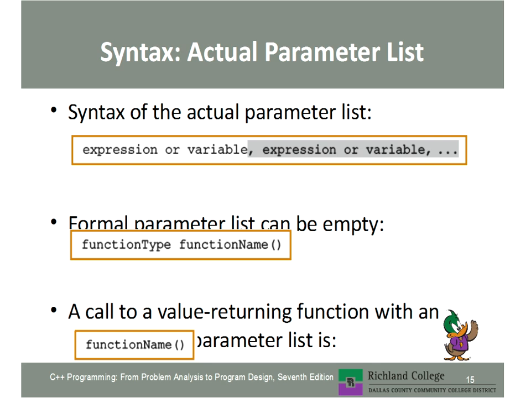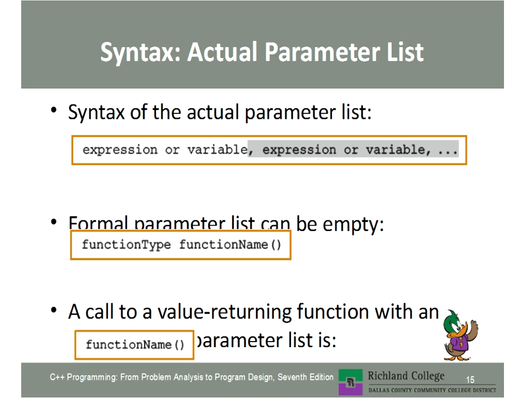The actual parameter list is either an expression or a variable, separated by commas. If you have multiple, then we call it a parameter list. Now the formal parameter list can also be empty if you don't want to send anything to the function. Again, think about main. Main has an empty parameter list, right?